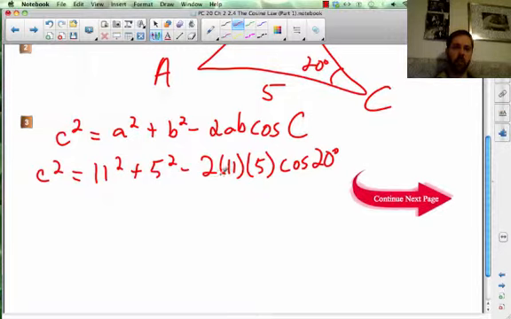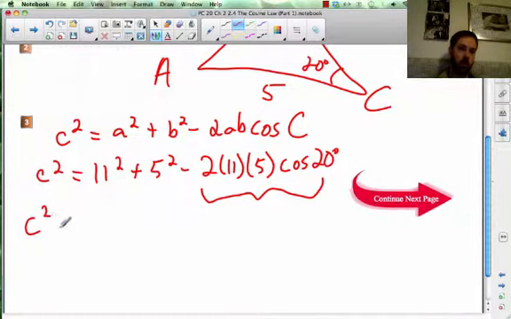This subtraction of 2 times 11 times 5 cannot happen because it is multiplied by cos 20. So you do cos 20 and then you multiply all these things, and only after you've done this chunk, because of BEDMAS, multiplication comes before subtraction, only after you do this chunk can you do that subtraction.